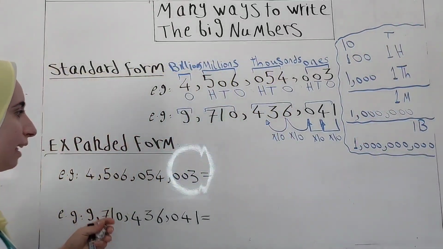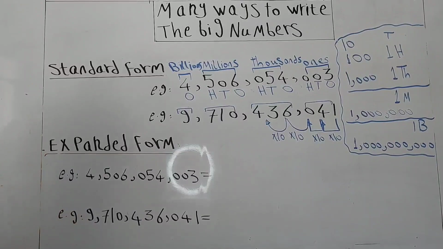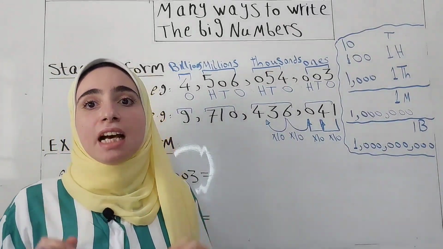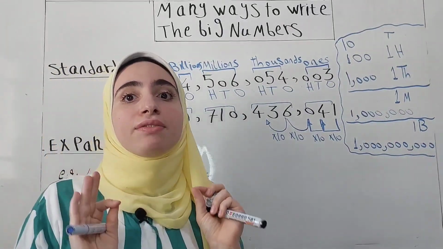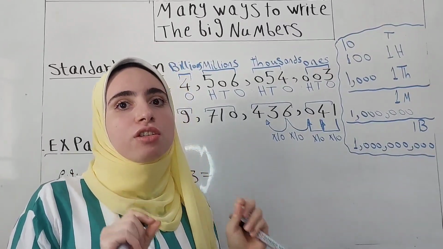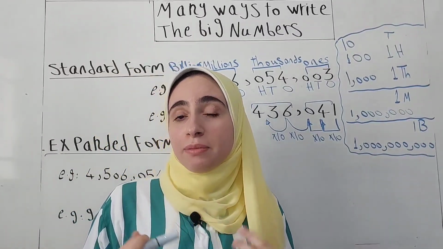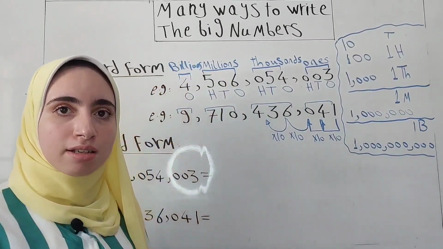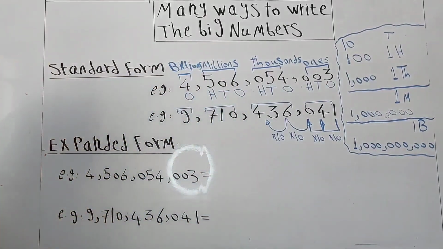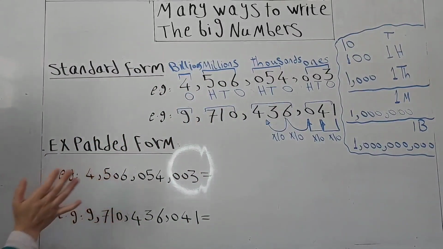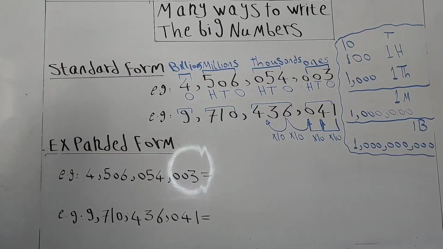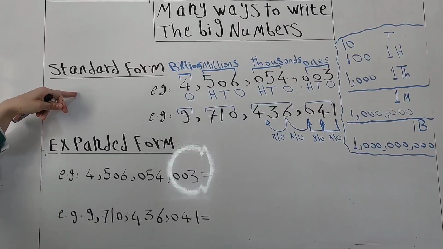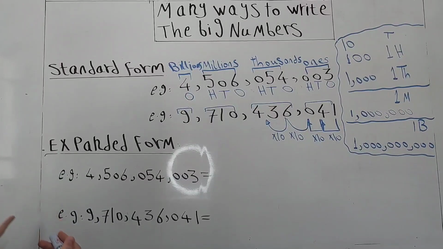Now, the second one is called expanded form. We break down the number by using the value of each digit and separating between them by using a plus sign. Now, for this example, we need to convert this number from standard form to expanded form.